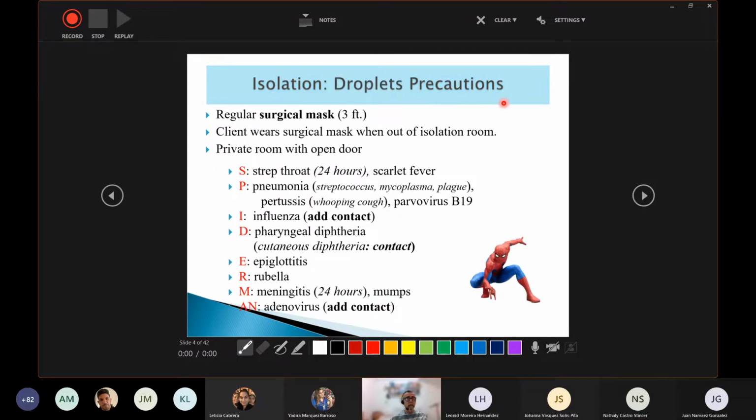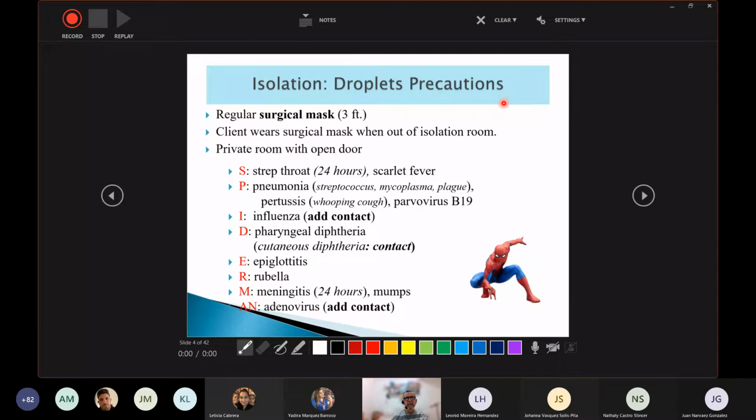The droplet precautions are for diseases that are transmitted through the air, but in big drops that fall at 3 feet of distance from the emitter. Only the patient in droplet precaution needs to be alone in a room, but the door can be left open.